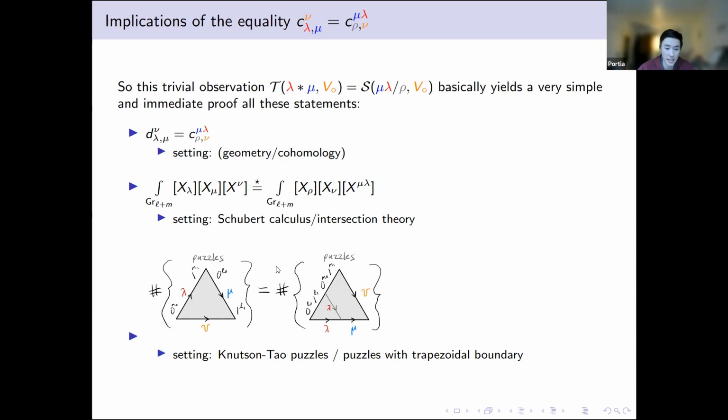Basically we count the number of ways to fill puzzle boundaries with puzzle pieces that are labeled in a certain way. And this equality says that these two sets should be equal, essentially.